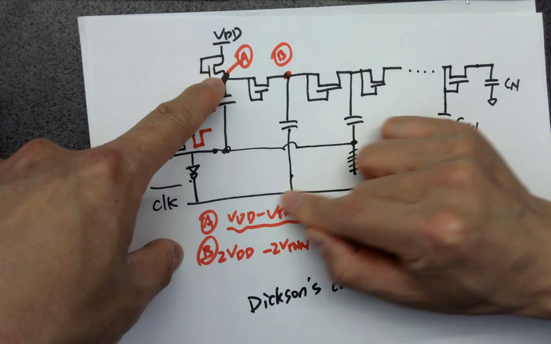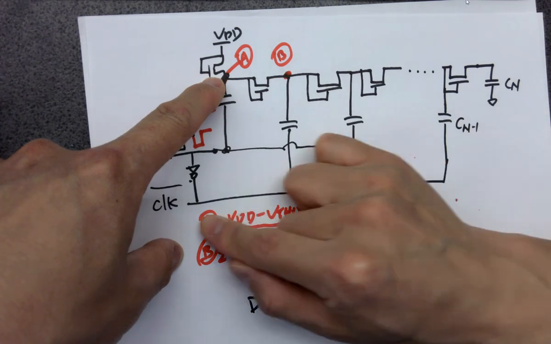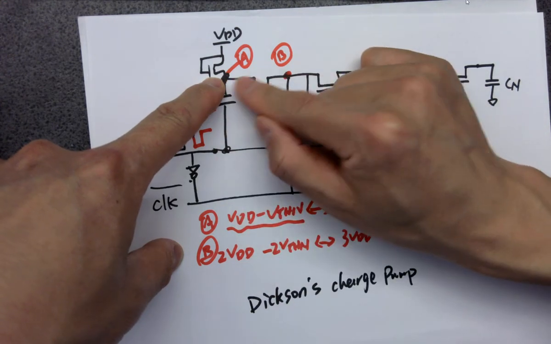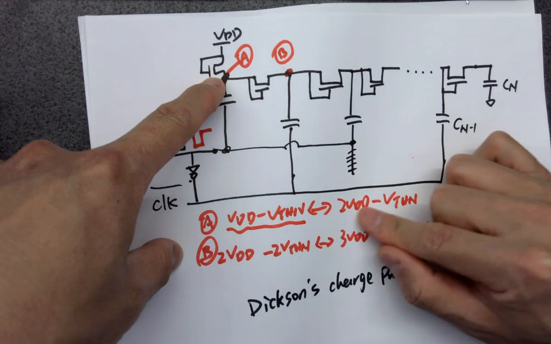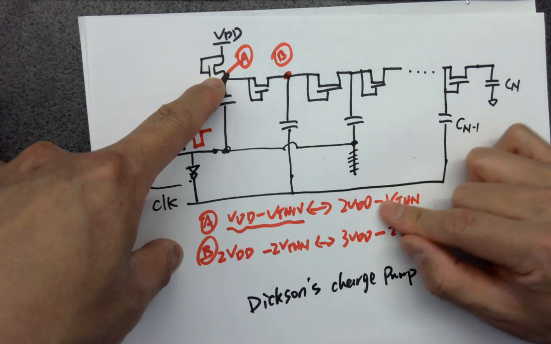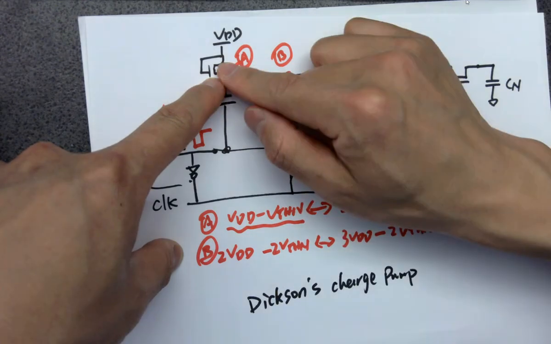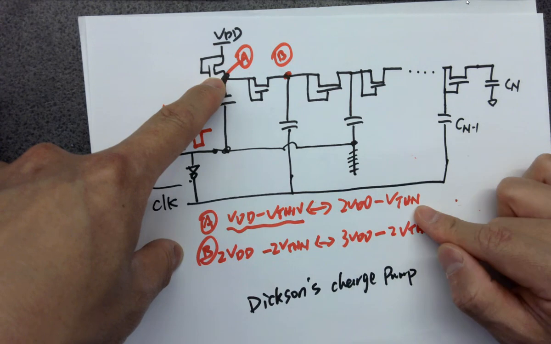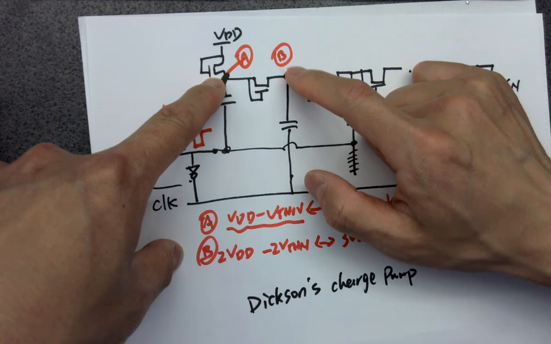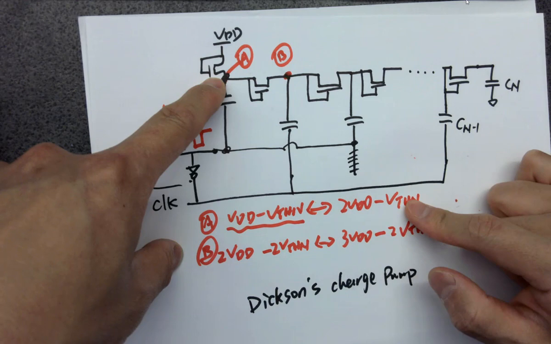So this is pulling the charges across this NMOS, which is pulling this voltage through it. Like when you put VDD through the transistor previously, it's the same thing. Okay, you are pulling this charge or this voltage to this point. So eventually you are getting this 2 VDD minus VTHN.